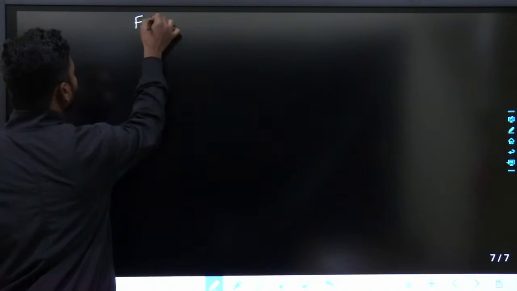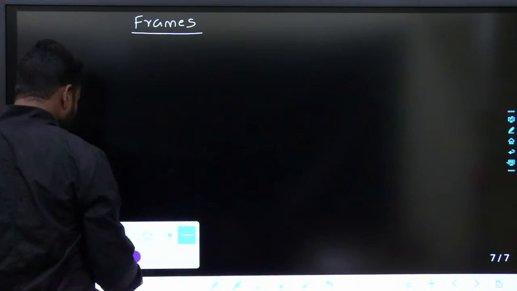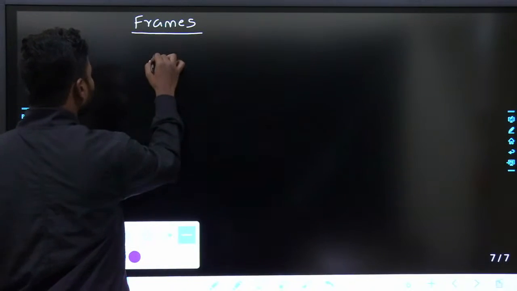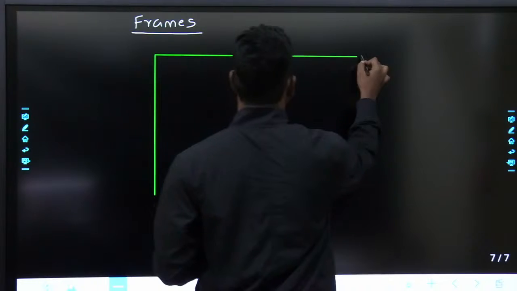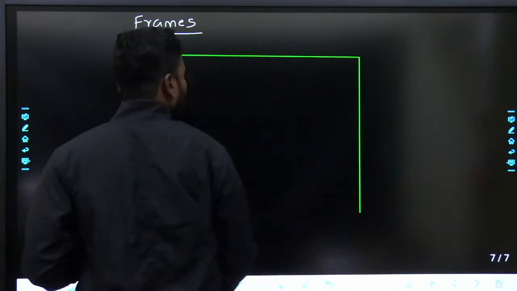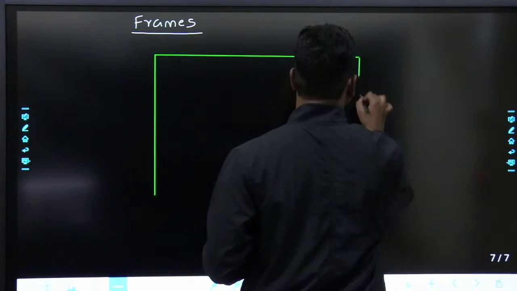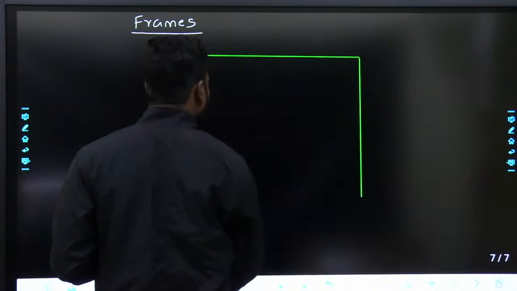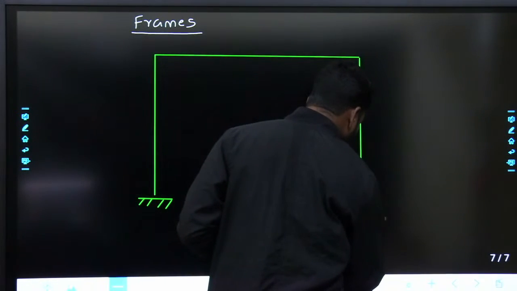Fine. Next one is frames. Whenever I told you, the difference between trusses and frames is simple. Trusses are the members which will take axial forces only, and frames are the ones which will take axial forces and bending also.